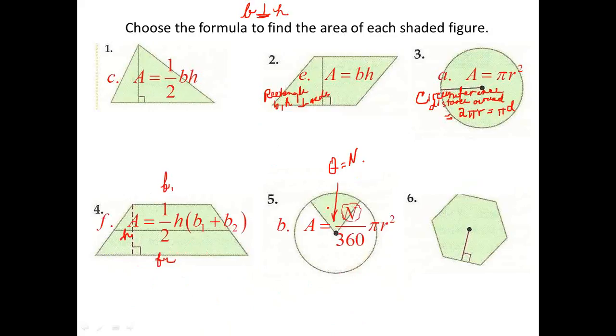And the last one, they were saying a hexagon, but we didn't have one specifically for a hexagon, but this is in reference to any regular polygon. And that's 1/2 PA, AP, I always did. P is the perimeter.